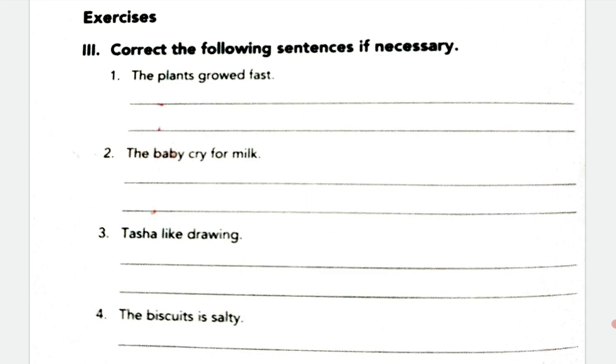The subject-verb agreement will be okay only if you use the word cries, C-R-I-E-S. The baby cries for the milk. Now, Tasha liked drawing. It's not like that. Tasha likes drawing because Tasha is only one person.